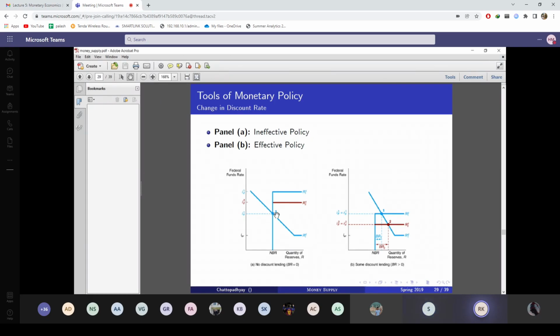Ultimately, the intersection point does not change. As a result, it has no impact on money supply or the entire economy. Nothing is going to change. So NBR does not change, high powered money does not change, money supply does not change. As a result, interest rate does not change, which means investment does not change, output does not change. So no impact at all.